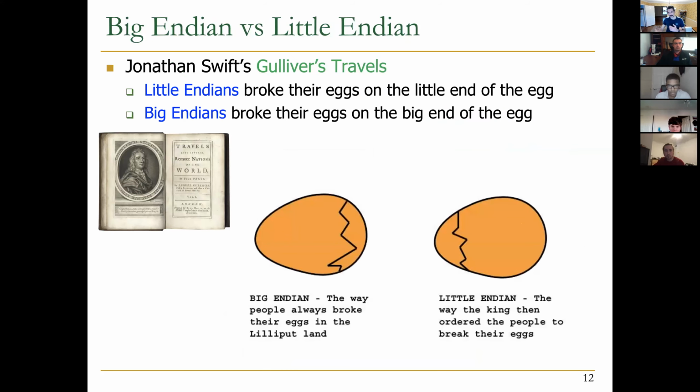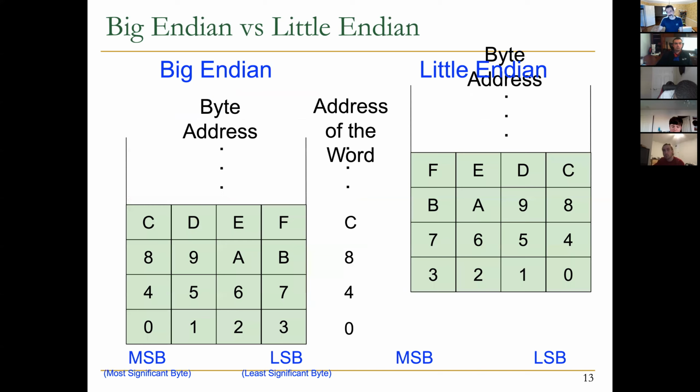Big endian is the model where, at each memory address, you have the least significant byte and most significant byte at each row, if you look at it.